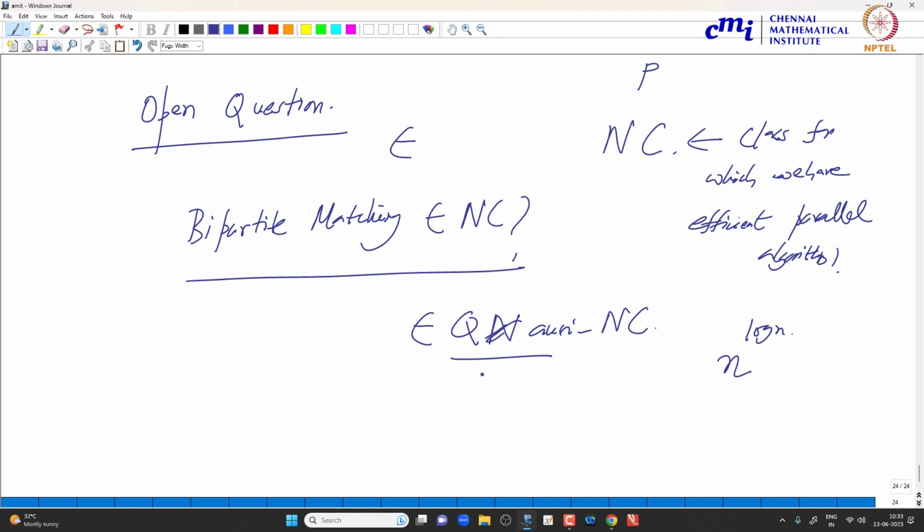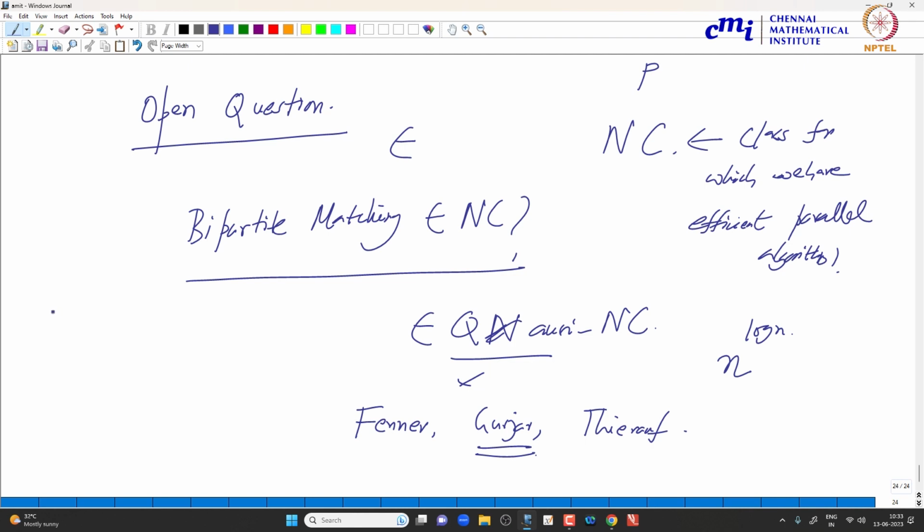This has been proven by Fenner, Gurjar and Thierauf. Rohit Gurjar is a professor at IIT Bombay. He has been involved in this work and some follow-up works. It's a very beautiful paper. If you search for bipartite matching in quasi-NC, you'll get a paper, and it's a very elegant algorithm.